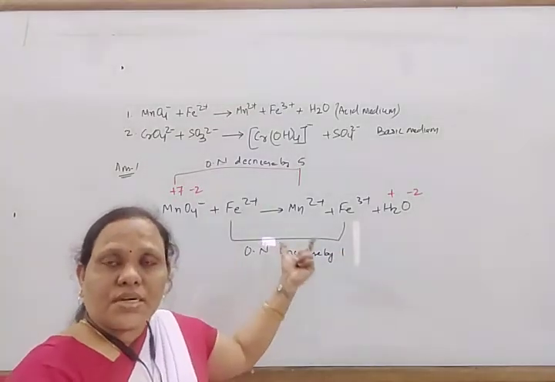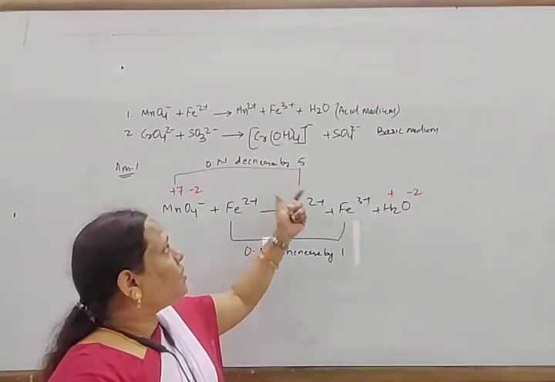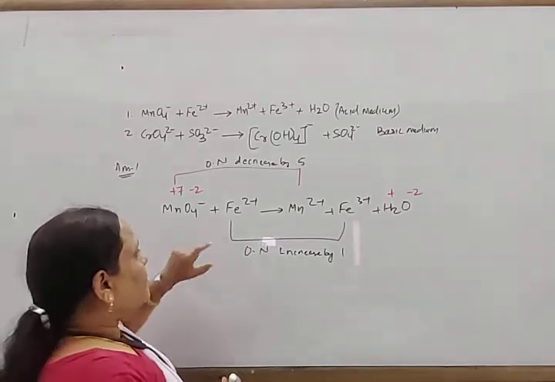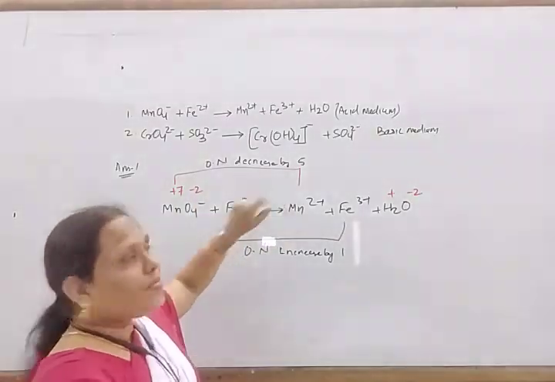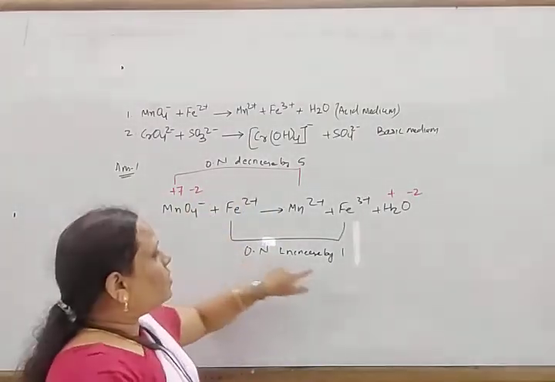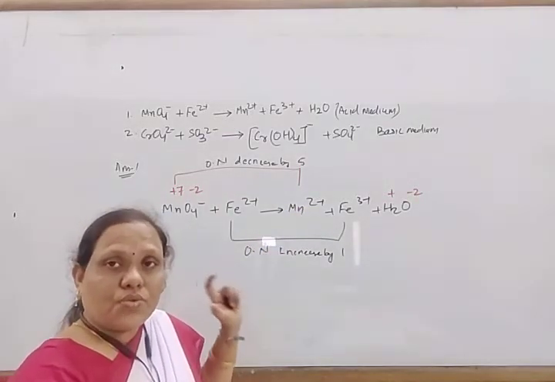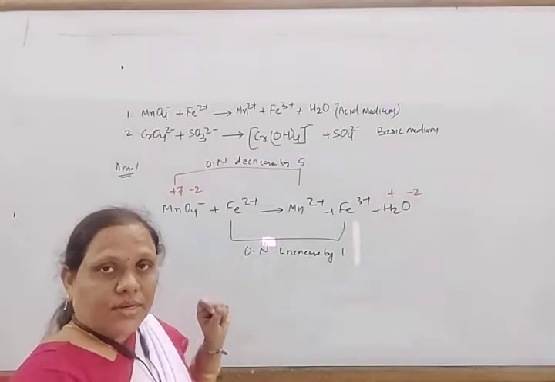The total number of electrons lost should be equal to the total number of electrons gained, because there is no overall loss or gain of electrons.